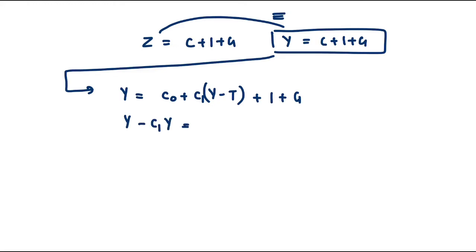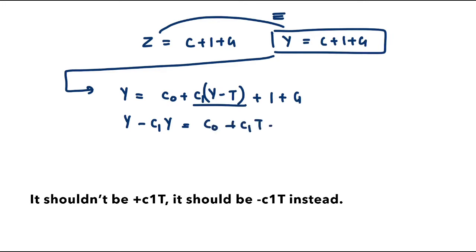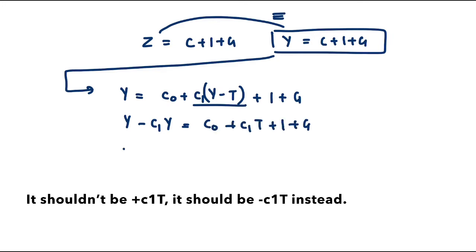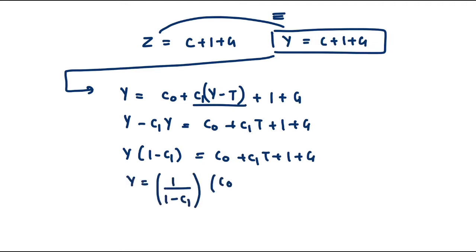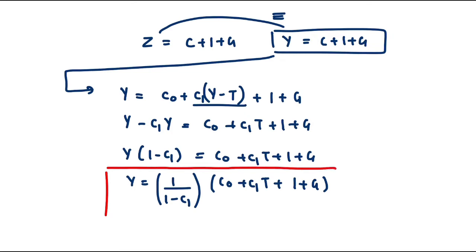So when you do that, I just opened the bracket here and then I carried C1Y to the left hand side. You get this. You take the Y term out, and further simplification gives us this as the final result.